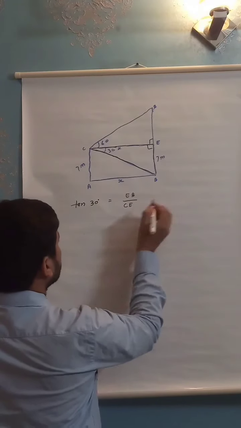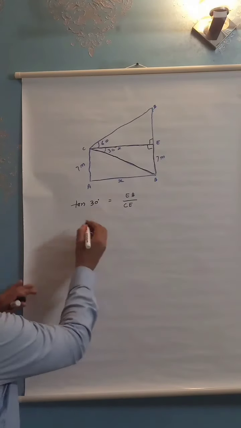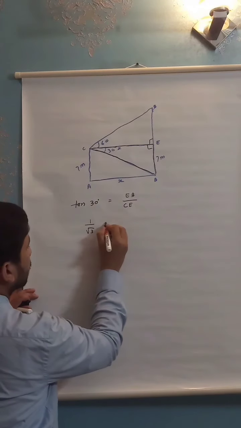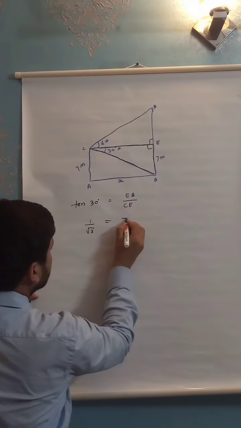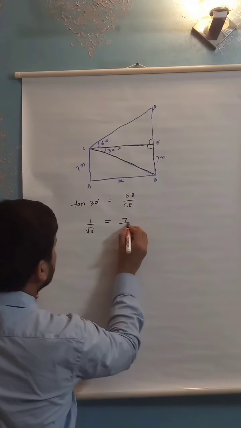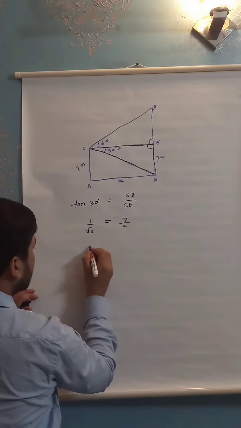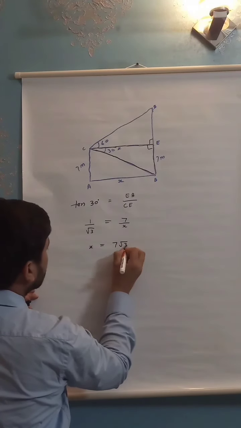Tan 30 degrees equals 1 by root 3, which is equal to EB upon CE, with EB equal to 7 meter and CE being x. From here we can calculate that x is equal to 7 root 3.